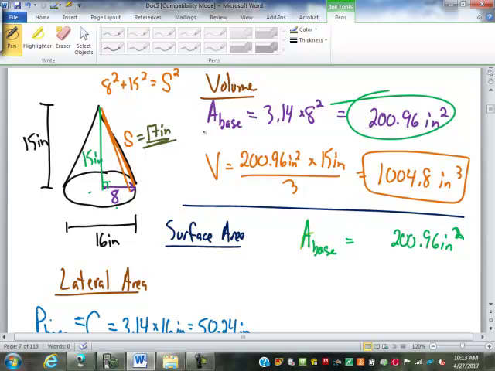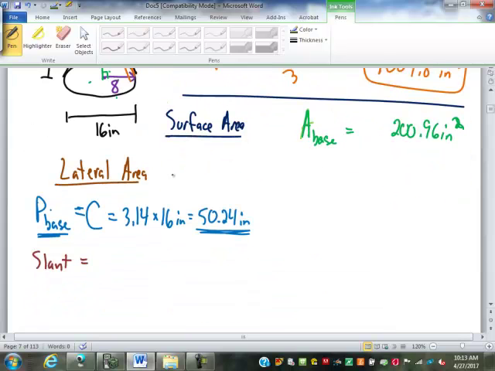I'm going to trust at this point you guys can do that, a squared plus b squared equals c squared, and calculate it out. We're short of time, so I just don't have time to do it right now. So we got 17 inches is that slant. The square root of 8 squared plus 15 squared, if you want to do a thing with that. 17 inches.